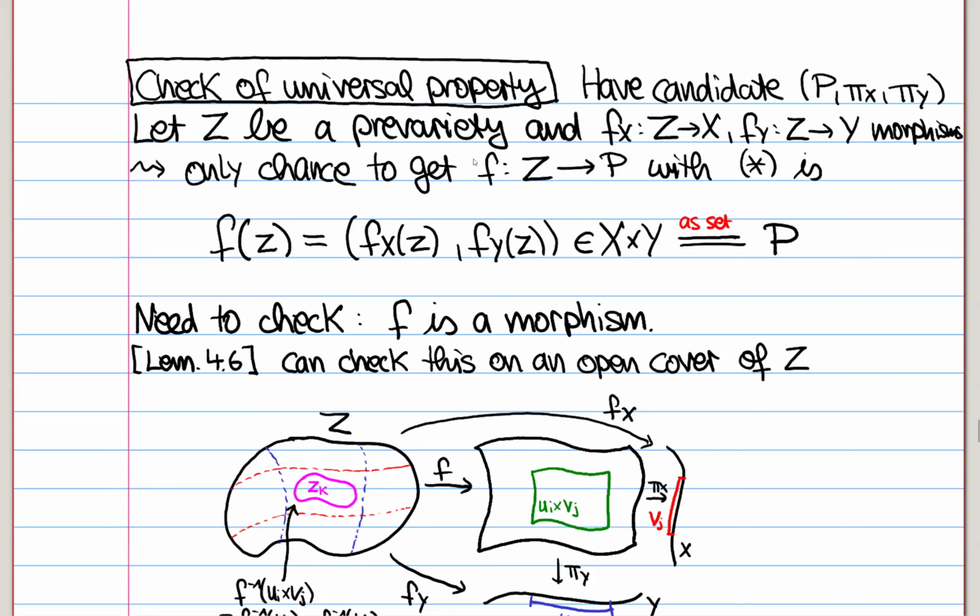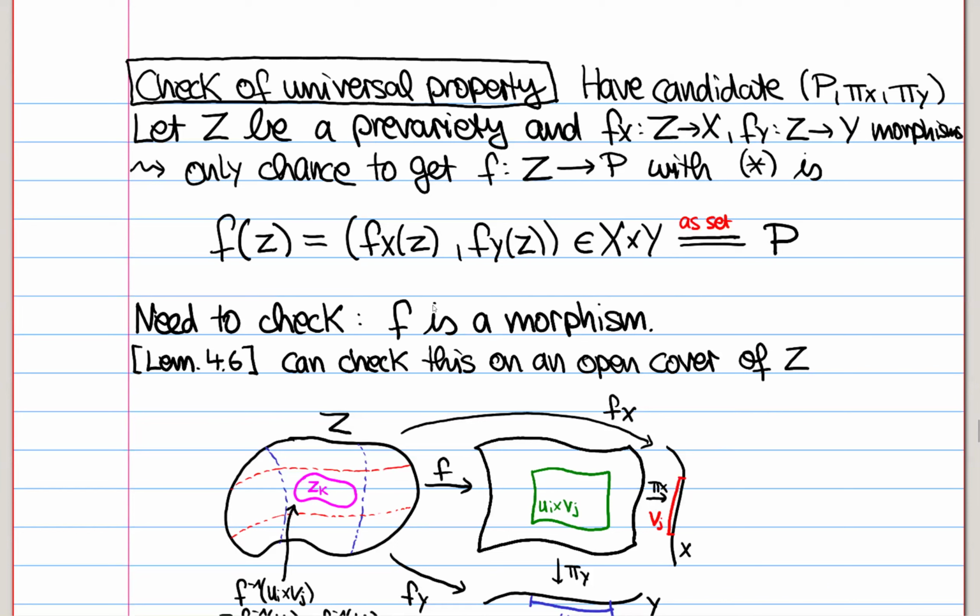So let Z be any pre-variety, and given two morphisms to X and Y, now we want to define the map from Z to the product, which has the right compositions with the projections. And as a set, we really don't have a choice. So f of an element of Z must go to (f_X(z), f_Y(z)) in this product. This is the only chance because knowing the projection to X and Y of an element of X cross Y determines it uniquely.